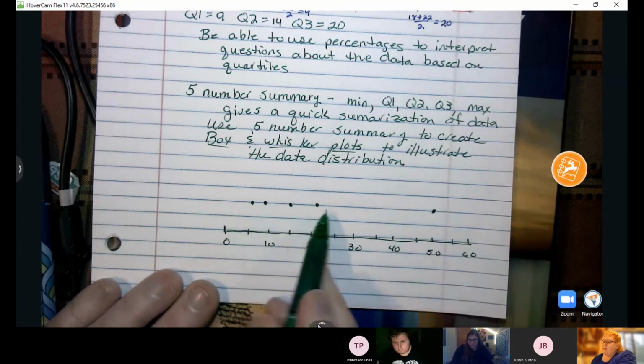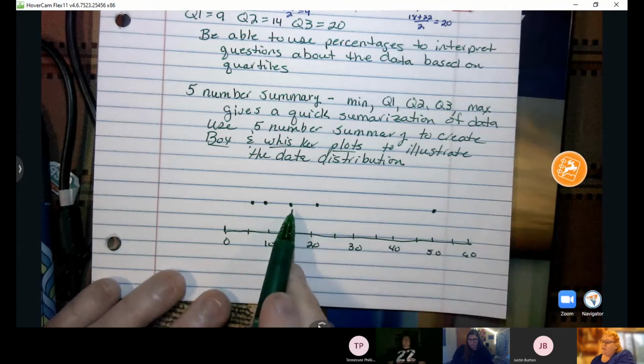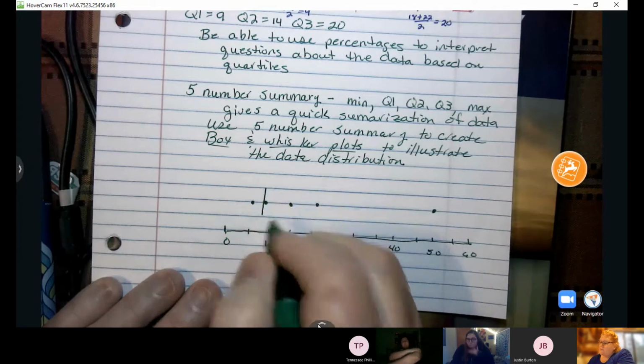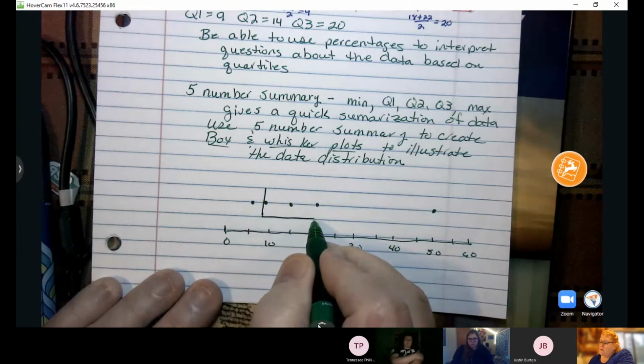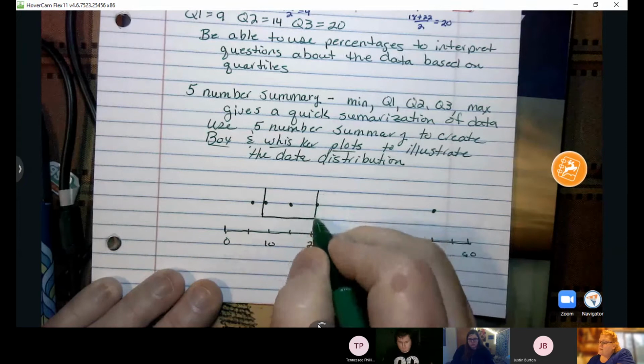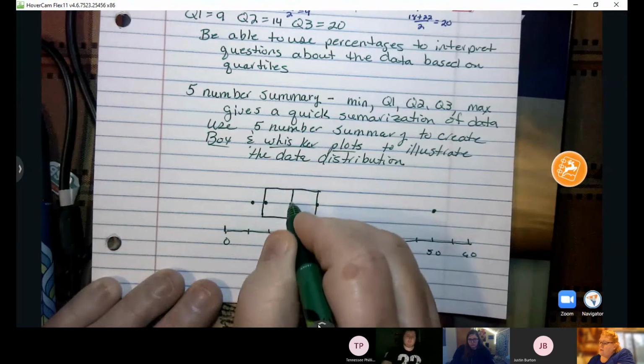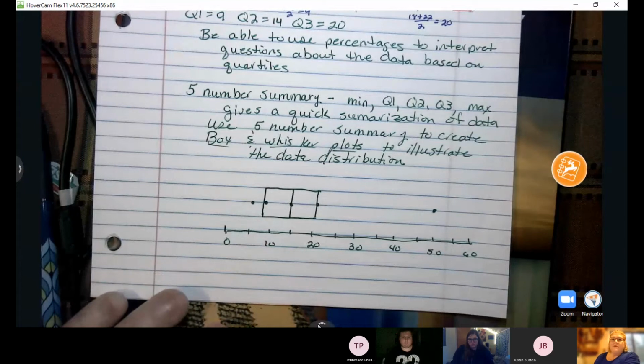Now, the 3 middle values, quartile 1, 2, and 3, are what's used to draw the box. So I'm using those 3 values to create my box shape, and then a line through the middle quartile.